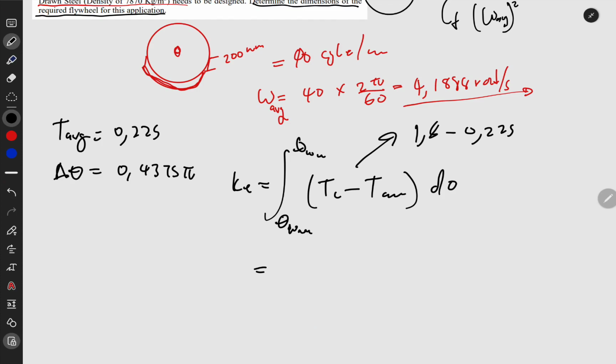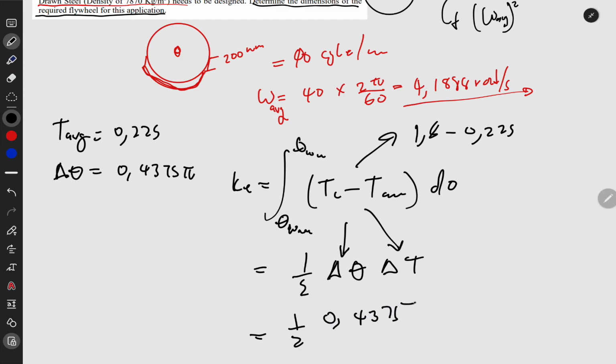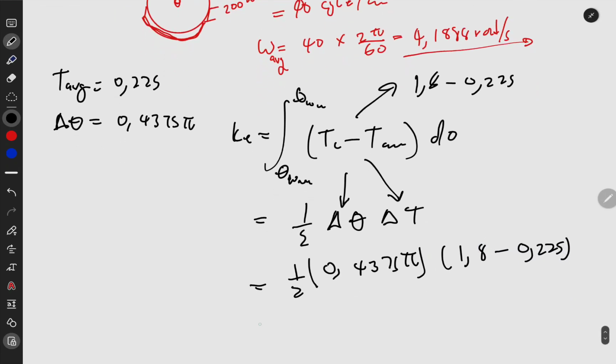Okay, so then after doing the integral here with all these numbers, you'll get 1/2 change in theta, change in torque, of which you already know change in torque, change in theta, and then we can just plug in here. This one is going to be 0.4375 pi, and whatever that we get here, so change in torque 1.8 of fluctuation minus 0.225, and then I'll compute here, then get my current.